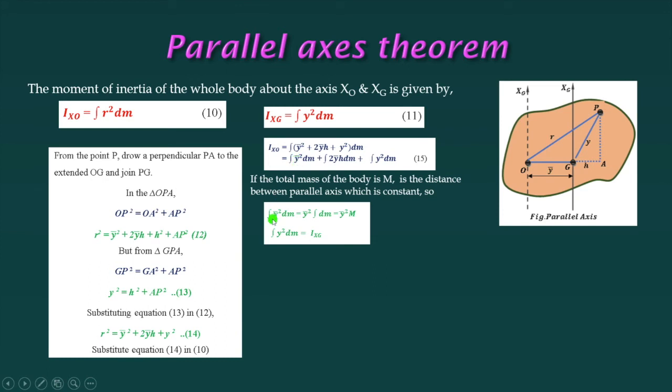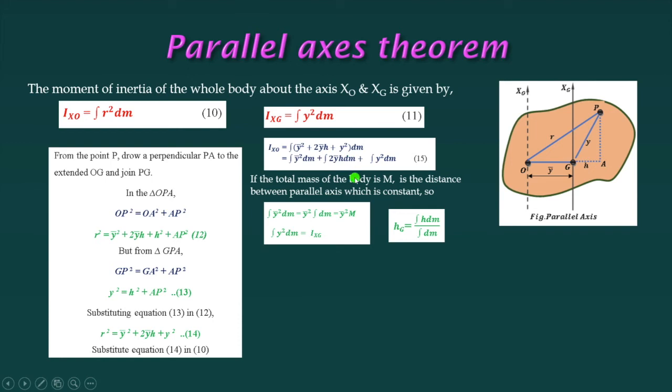So the integration of y bar square dm gives y bar square times the integration of dm, which means total mass, capital M. And by definition, the integration of y square dm is IxG. So substitute these two values here. Then we need to know the remaining value.